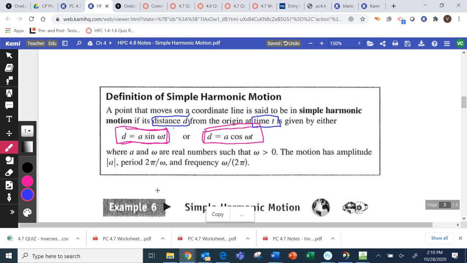And then when we were doing transformations before, we would have this b value that would always affect the period. In this equation, the b value is an omega. And we can get the omega if we know the period. If we know the period, we can find the omega. So the period is, like for that first one, it was 4.